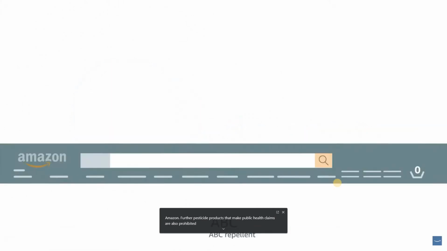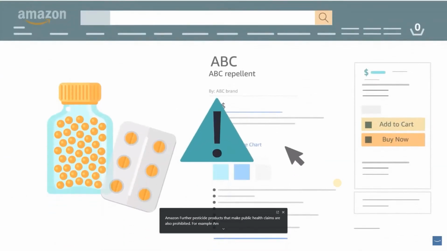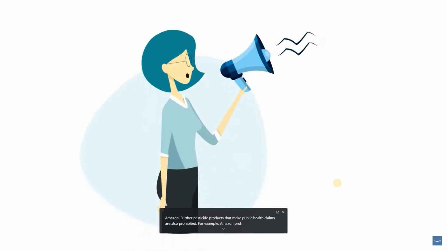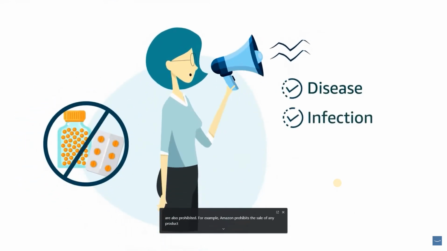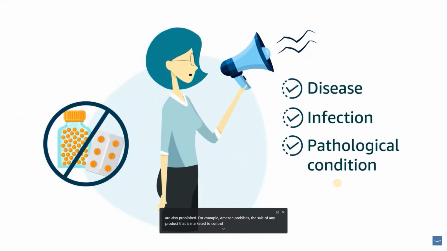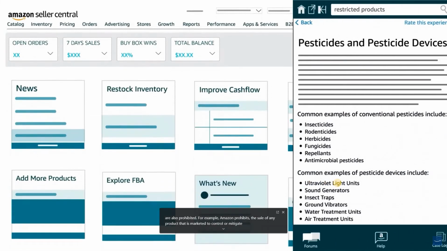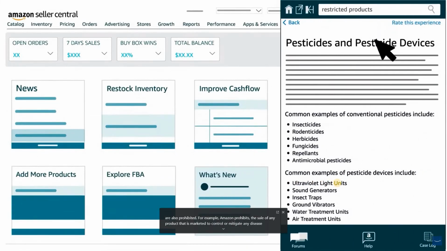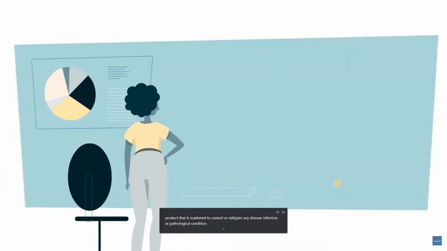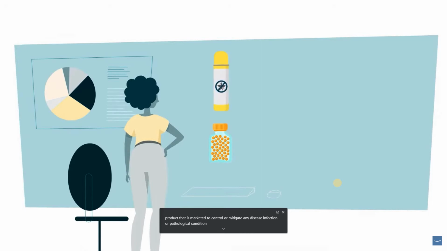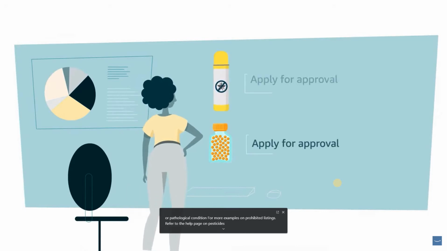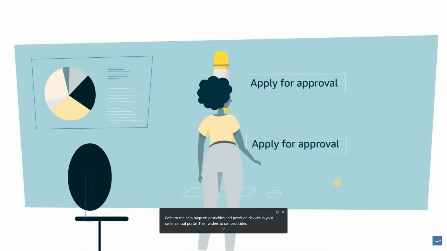For example, Amazon prohibits the sale of any product that is marketed to control or mitigate any disease, infection, or pathological condition. For more examples on prohibited listings, refer to the help page on pesticides and pesticide devices in your Seller Central portal. If a selling partner wishes to sell pesticides and pesticide devices on Amazon, you must first apply for approval to sell these products.